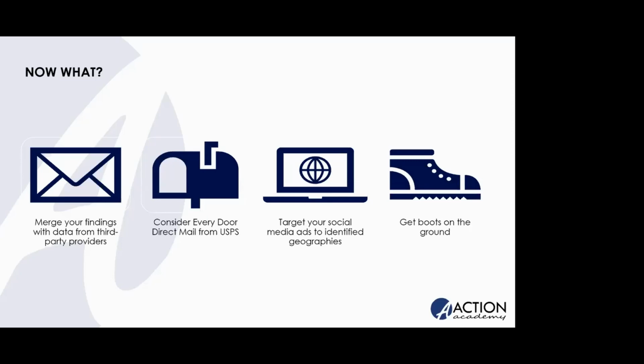And finding particular addresses and things like that, it could be a first step on your first mailing campaign. The other thing you could think about, which in our experience is a bit less expensive, is to target your social media ads to identified geographies.